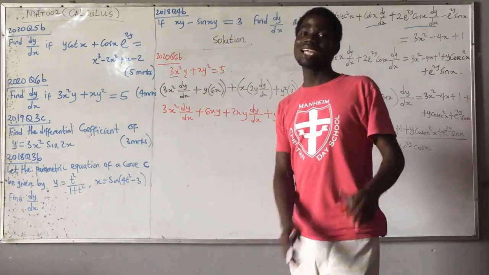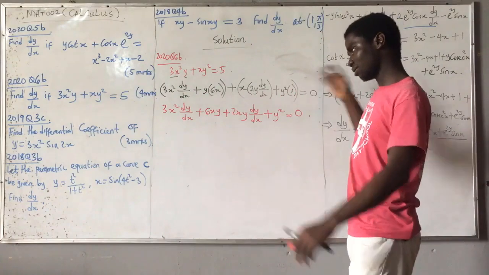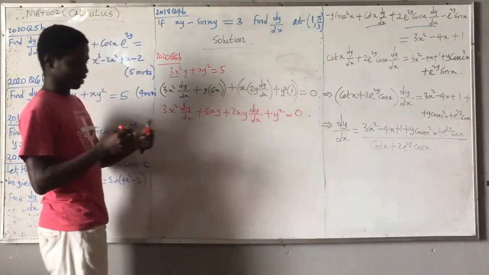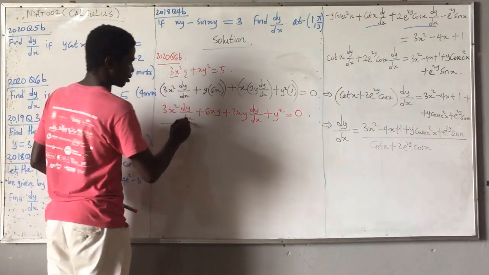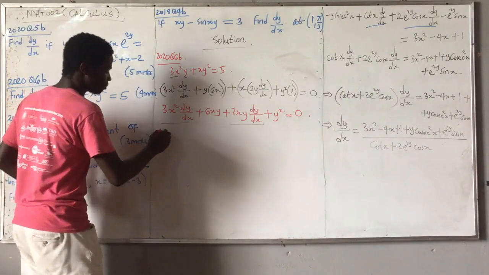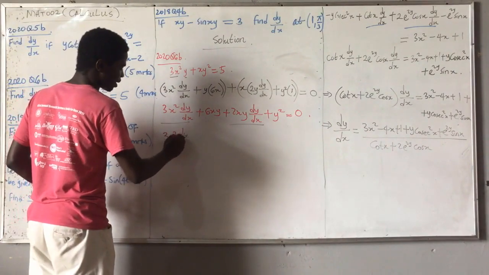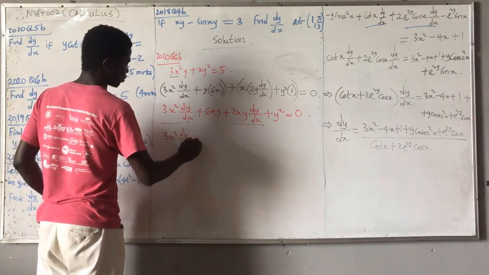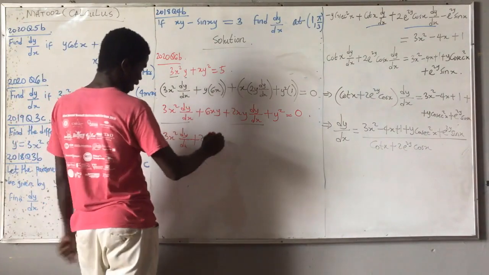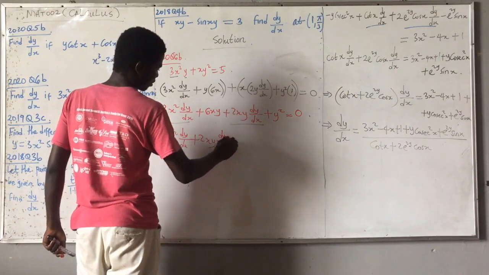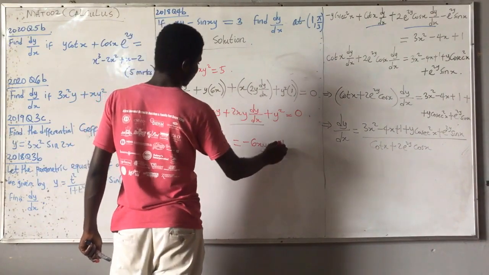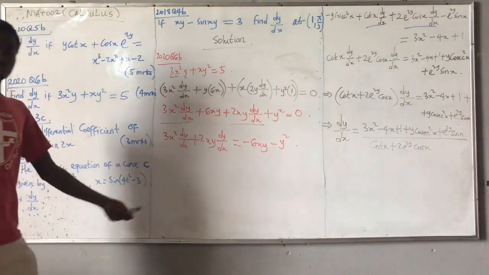Let all the dy/dx stay at the left hand side. Transfer every other thing to the right, to the other side. This one has dy/dx. This one has dy/dx. So every other thing is moving to the other side. So you have 3x squared dy/dx left here plus 2xy dy/dx. So you'll be having minus 6xy minus y squared. That's what you have. Factorize dy/dx.